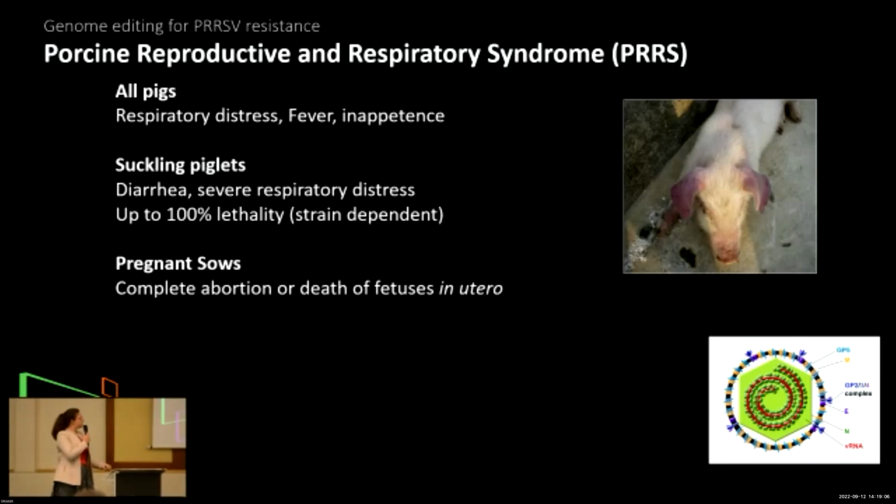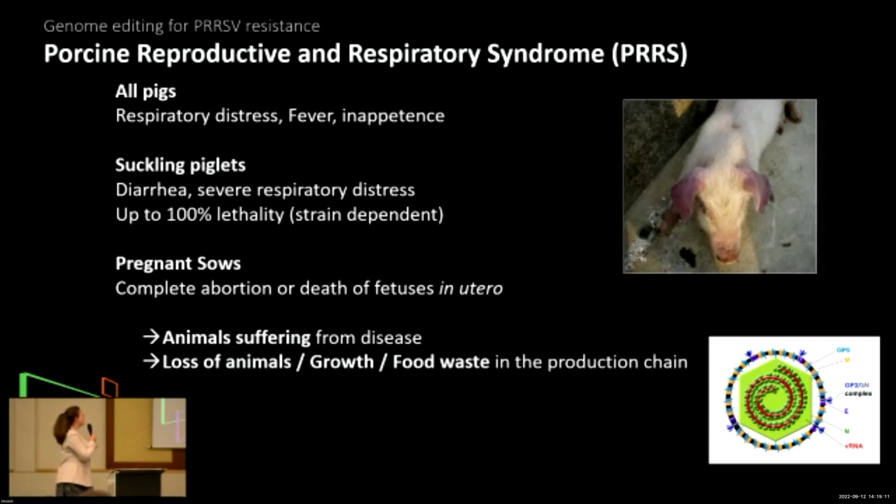So that is a strong economic impact. It leads to animals suffering from disease, but more importantly for the production aspects, it leads to a loss of animals, growth, and eventually it's food waste in the production chain.